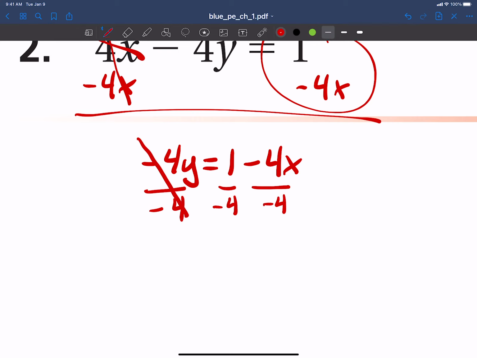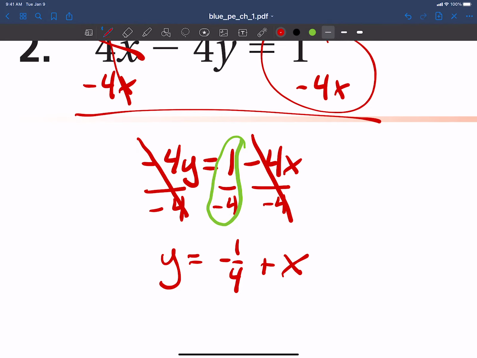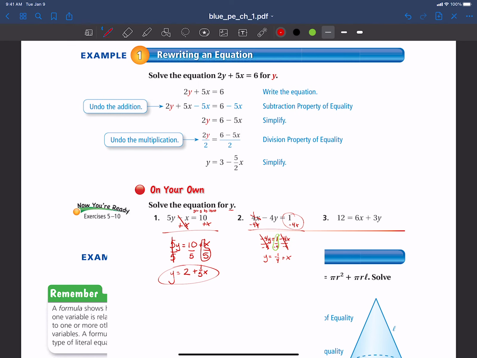These two would cancel out, which leaves me with y equals, now don't be afraid, these are just fractions. 1 over -4, that's just -1/4. -4x over -4, that's 1x. That's your answer. Y equals -1/4 plus x. Let's do number 3.